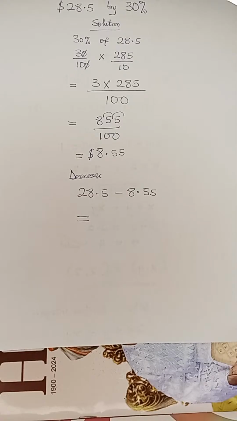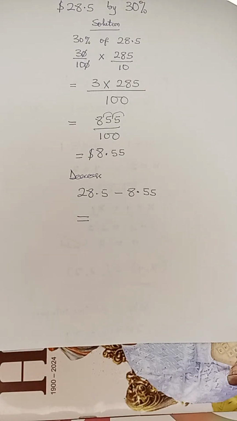Okay, 20. It should be less than 20. It is 28.50 minus 8.55. It can't be exactly 20. I think it should be around 19.95 or thereabout.